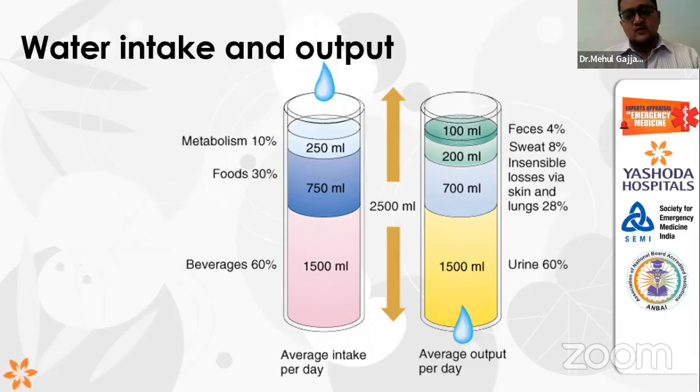Around 1.5 liters of water, that is 60%, is excreted in urine. Another 40% is excreted via skin, insensible loss, sweat, and feces. But out of all of this, only the urinary part can be controlled. All others cannot be controlled. So that's what the body targets whenever there are water disturbances.